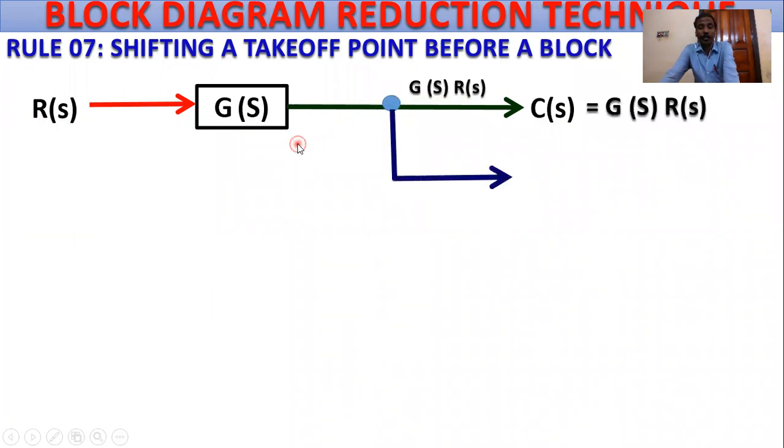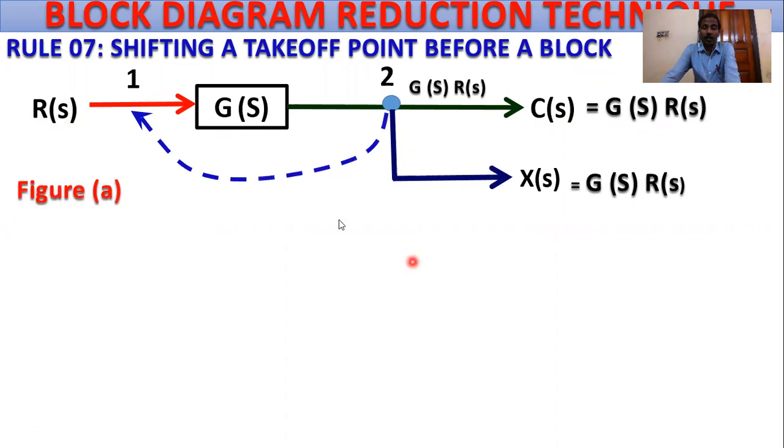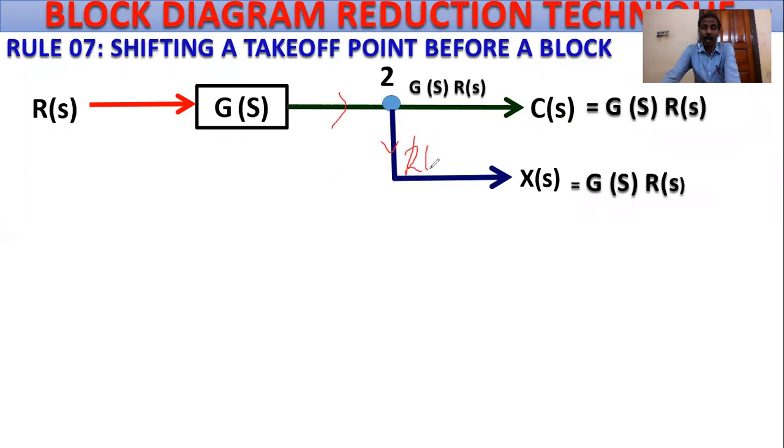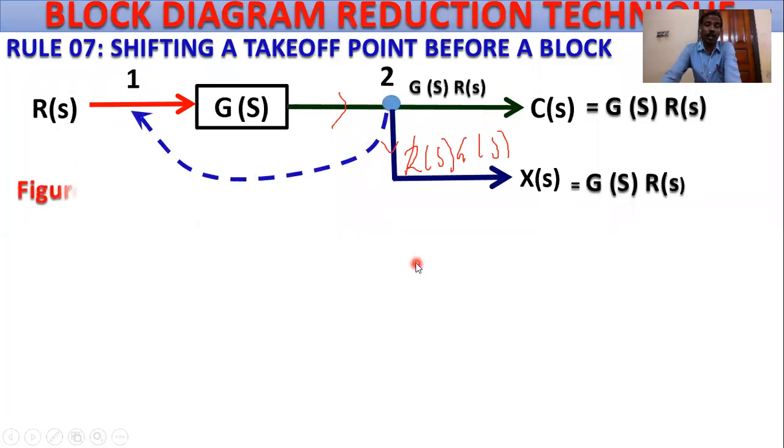This is the takeoff point, and it equals R(s) G(s), because this path signal is actually R(s) into G(s). Our target is to shift the takeoff point from position 2 to position 1.